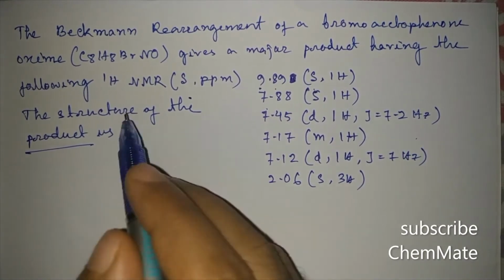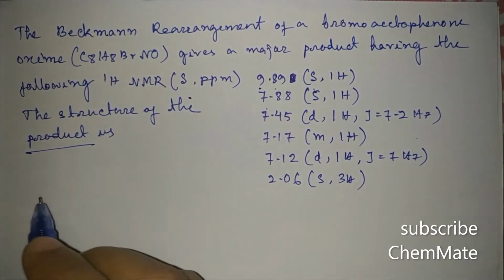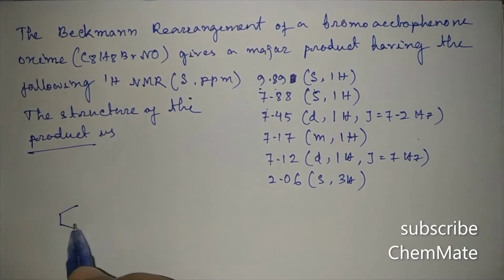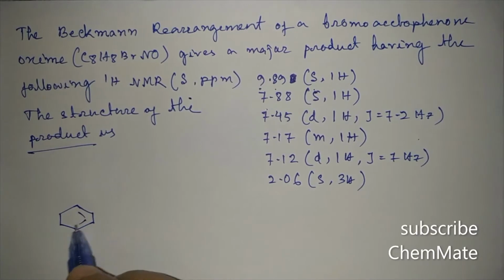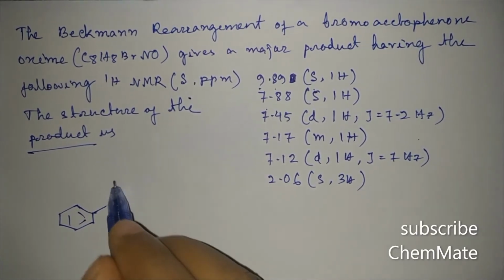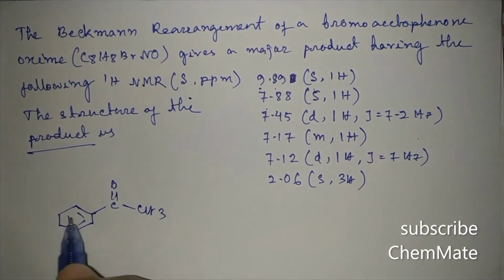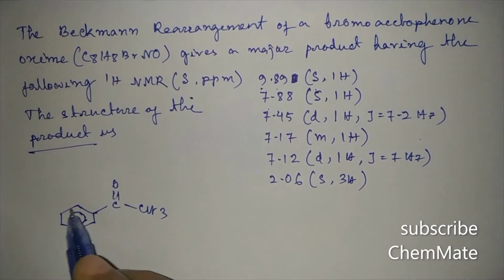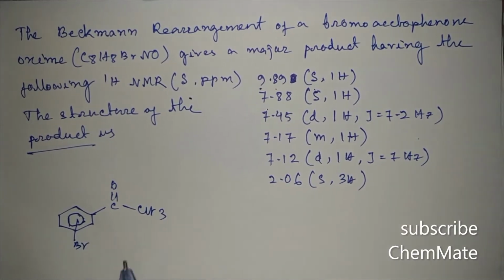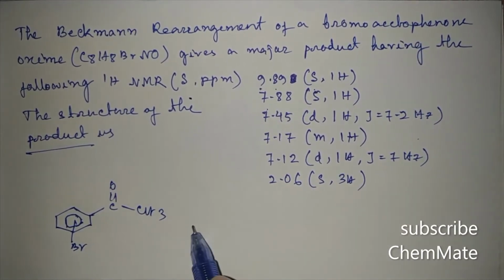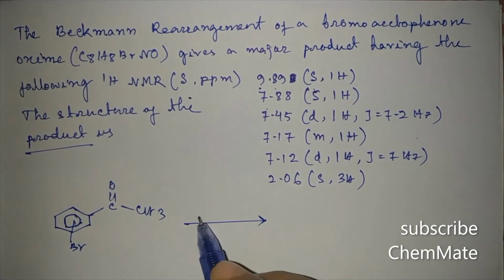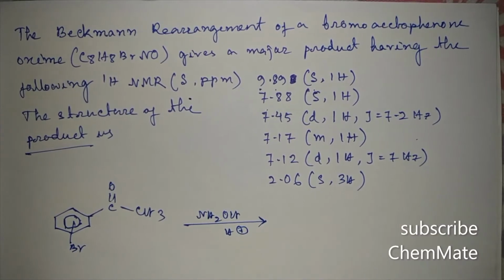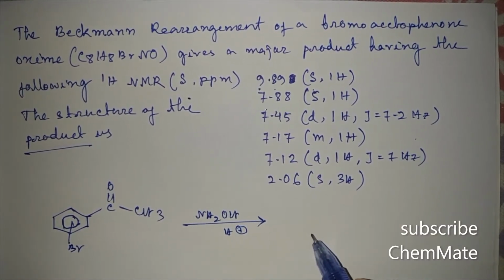So first, the bromoacetophenone means a phenyl group is there, this is the acetophenone, and bromoacetophenone means one of the bromine is attached to this phenyl group. Now if it undergoes reaction with NH2OH in presence of H plus, then two products will be formed.